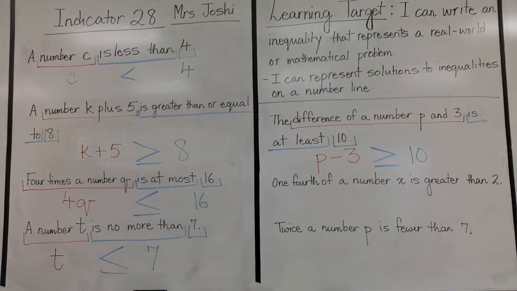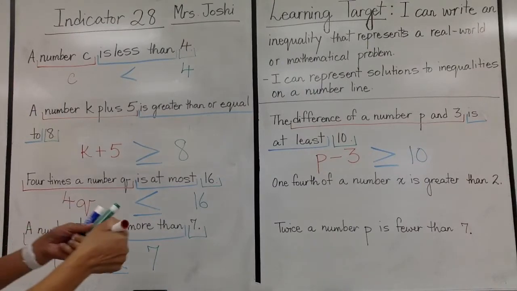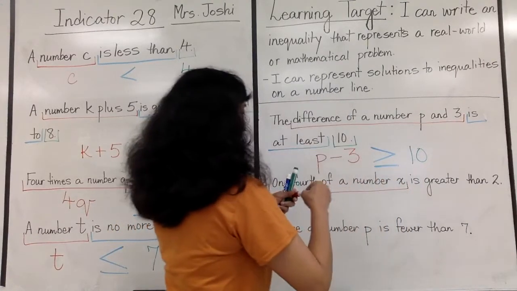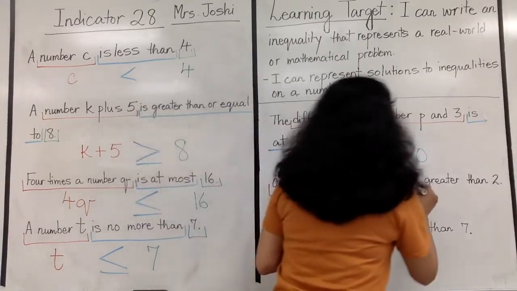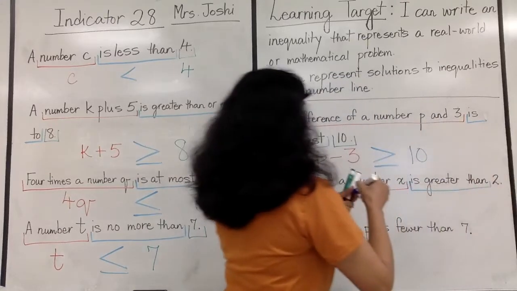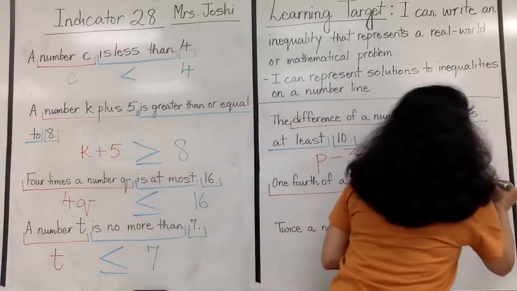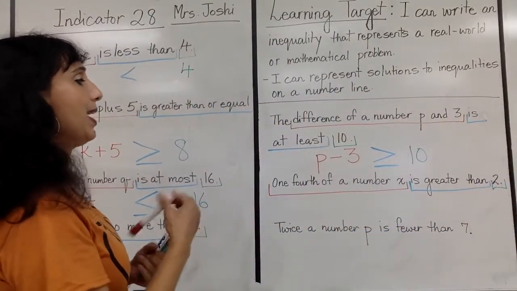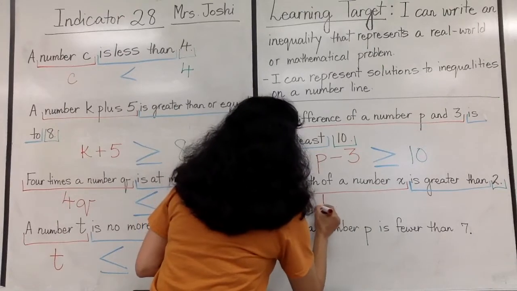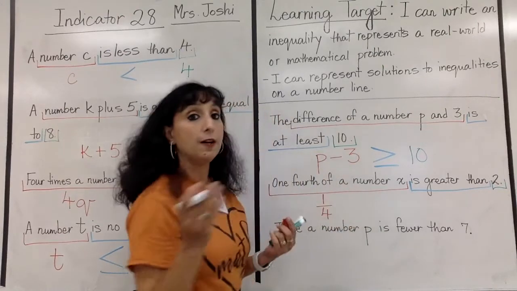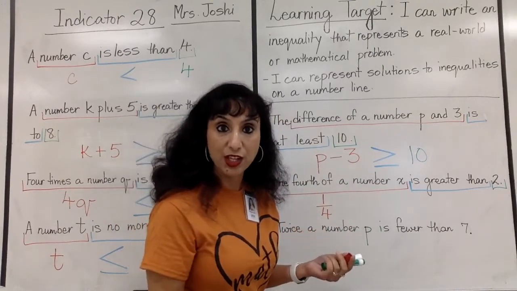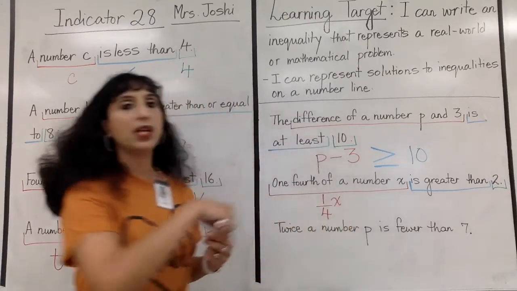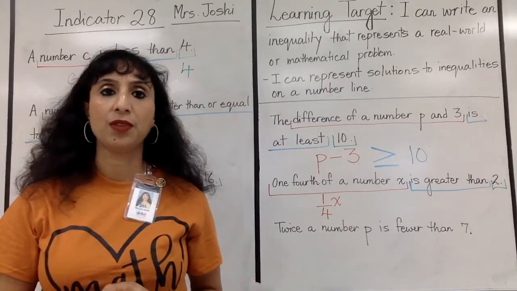1/4 of a number x is greater than 2. Okay, so 1/4 of a number x, all you do is, 1/4 of a number means multiplication. We've done that before. So 1/4 x. Please don't put the x in the denominator.